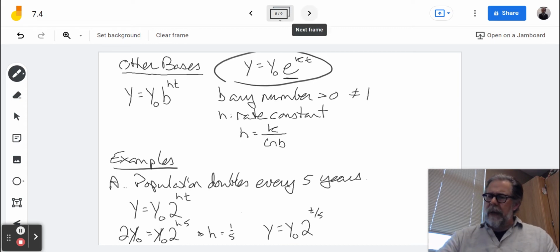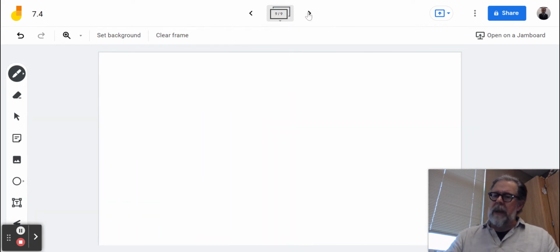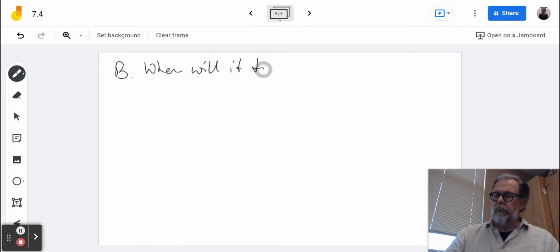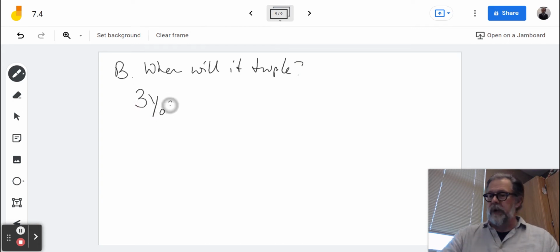So the next question might be, if we look at this equation, what about the same population? When will it have tripled? And so what we now have is that 3 times the original population is equal to y sub naught 2 to the t over 5. The y sub naughts cancel out.